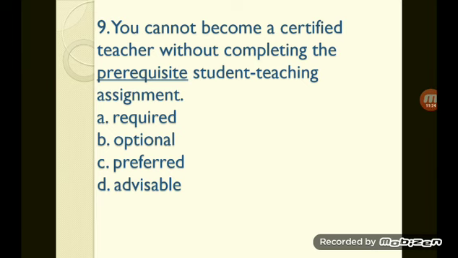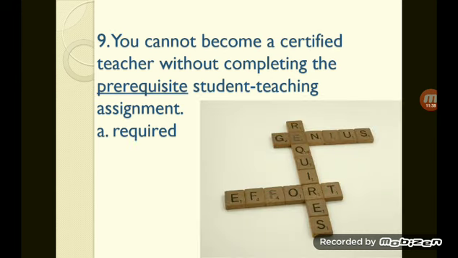Requisite means something to do with requirement. So required, optional, preferred, advisable. Required. So this is a prerequisite. This is mandatory. Like genius: to be a genius, the prerequisite is effort. You cannot be a genius without putting in effort.